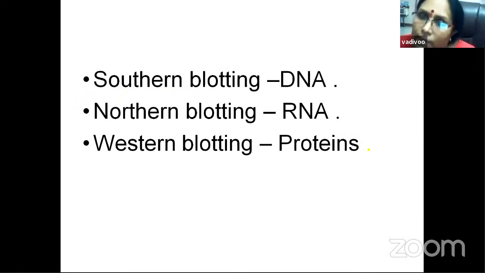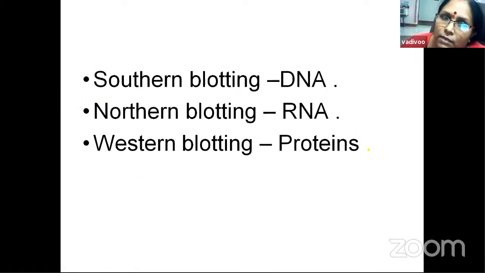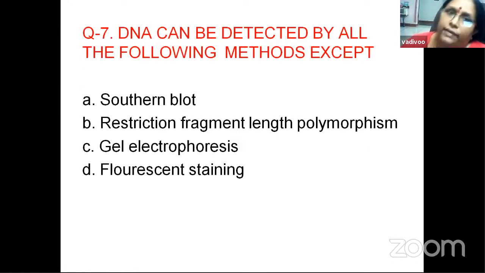I can show you: southern blotting, DNA is detected; northern blotting, RNA is detected; western blotting, proteins are detected. Then what is eastern blot? Does it exist? Is it just for the sake of the answer we have given? Okay, I'll explain what eastern blot is later.